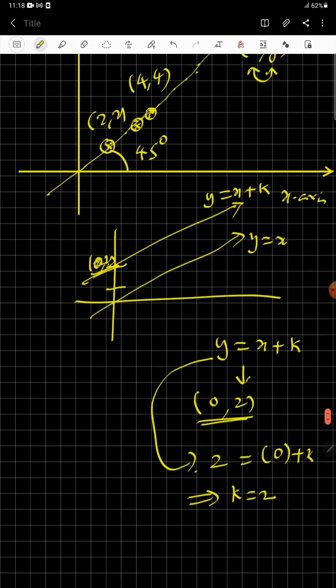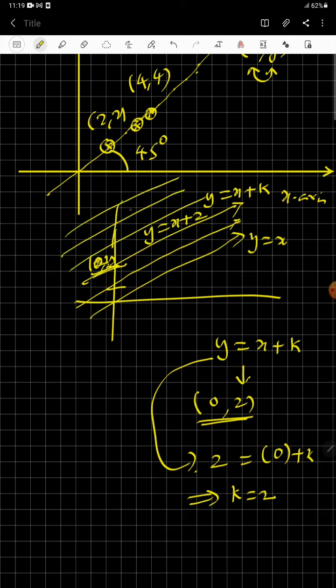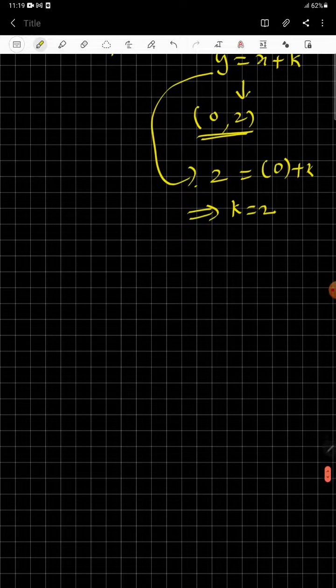Therefore this line will be y is equal to x plus 2. You can see very clearly this is y is equal to x plus 1, x plus 2, x plus 3, like that. If it is having the intercept k, then it is y is equal to x plus k. So this is about the straight line.